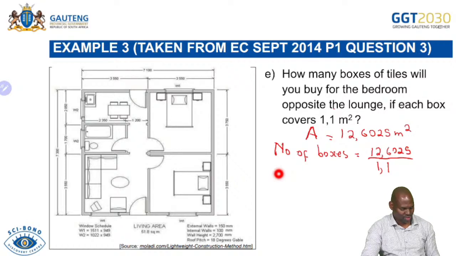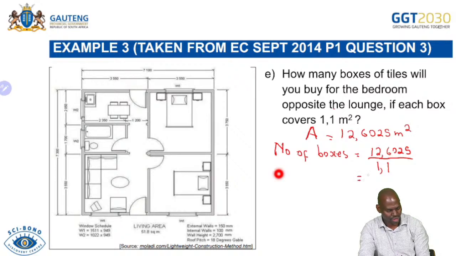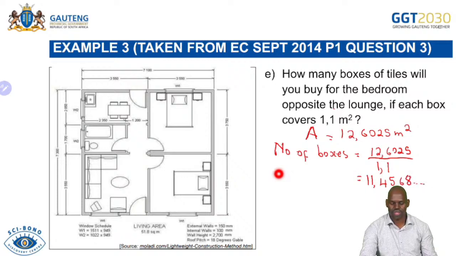12.6025 divided by 1.1 gives me about 11.4568 and so on. So the number of boxes needed there is 11.4568.